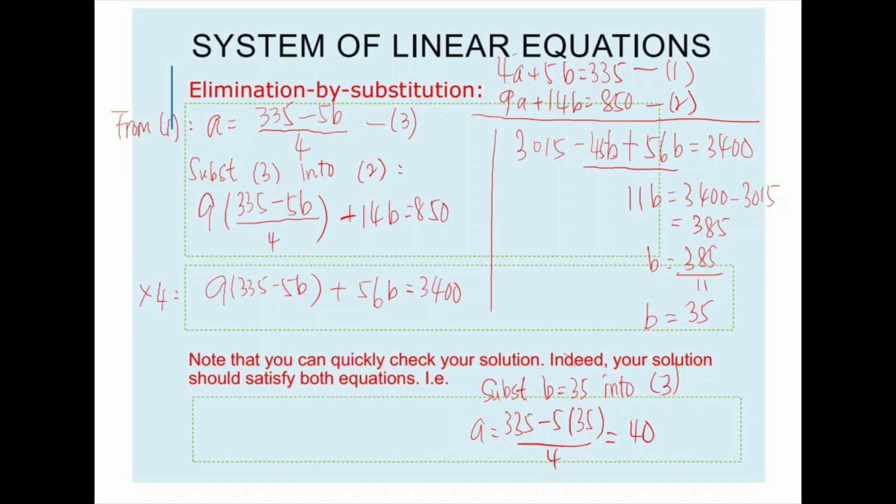Now we can check whether the answer we get is correct or not. I want you to remember these two equations first: 4a plus 5b equals to 335, and 9a plus 14b equals to 850.